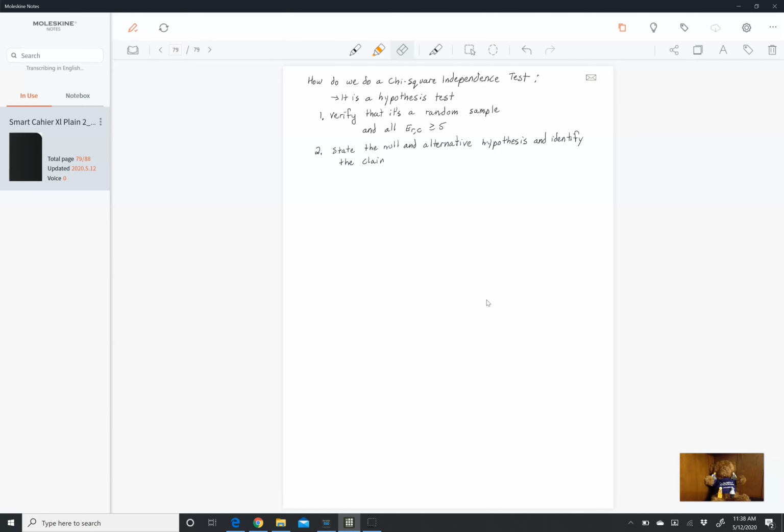In this case, the null hypothesis is always going to be that the variables are independent. This is why we call it an independence test, because we're always testing that null hypothesis. In other words, there is no relationship. The alternative hypothesis is always the opposite. The variables are dependent.